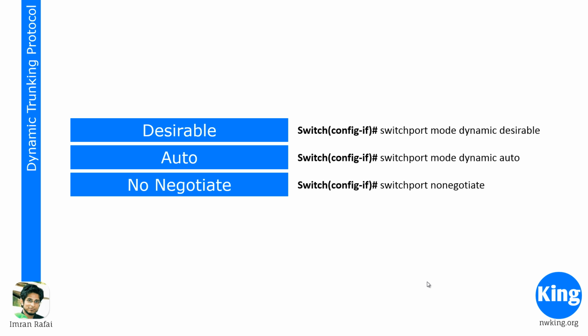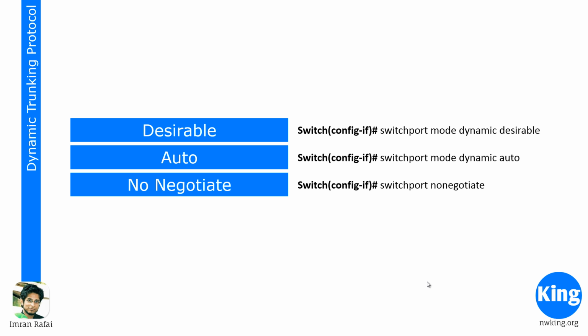Of course, I know there are some manufacturers, because Cisco is such a huge and well accepted company in the industry, who make use of the DTP concept of Cisco, right? But since this video series is about Cisco and CCNA, we are going to stick to Cisco, right? So in DTP there are three modes, or rather there are two modes: dynamic desirable mode and dynamic auto.